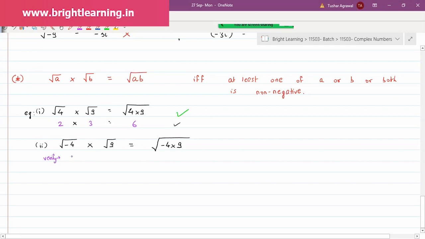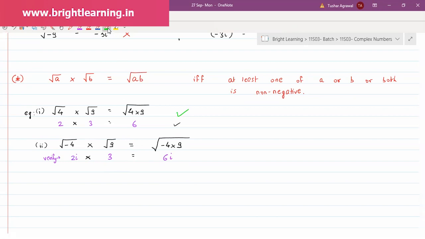The first under root is 2i. The second under root is 3i. And what is this? Minus 36 under root. Minus 36 under root is 6i. So can you see that 2i multiplied by 3i is equal to 6i? Yes, sir. This is also verified. So one negative and one positive, that will also do.